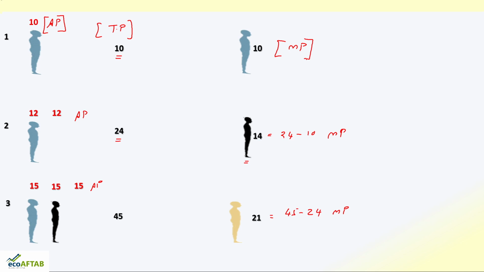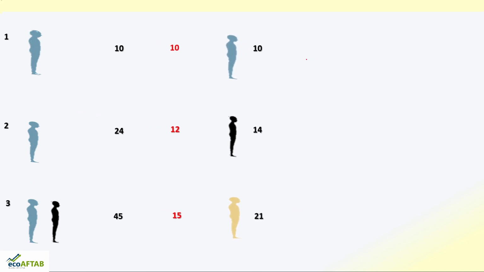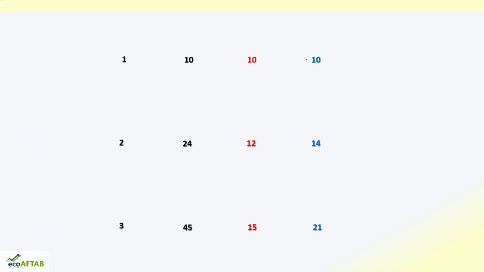Let us move ahead and see this. I will make an arrangement of these numbers and convert it into the form of a table. So here you can see we have units of labor in the first column, total productivity TP in the second column, the third column tells us about average productivity, and the fourth column tells us about marginal productivity.